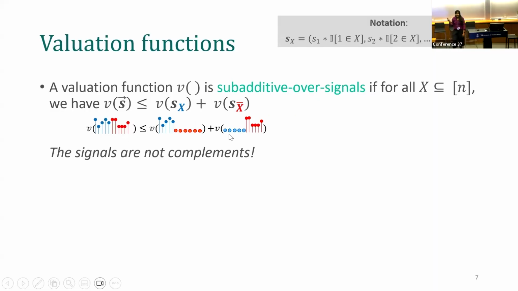Okay? So the value on the whole set is going to be smaller than the sum of the values of its parts. And this is actually the most general class of valuation functions where the signals are not complements.